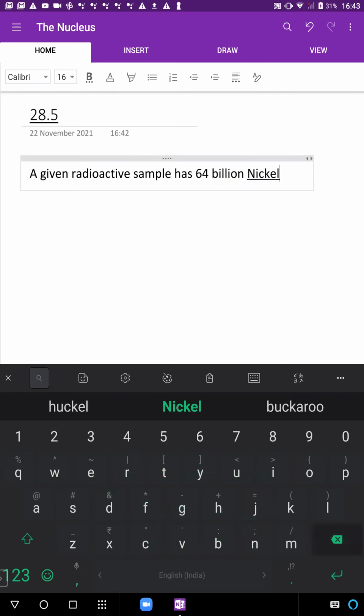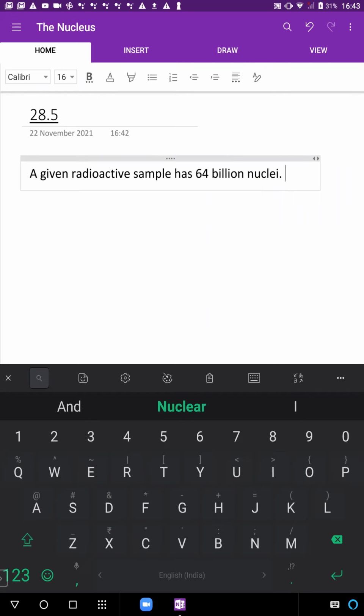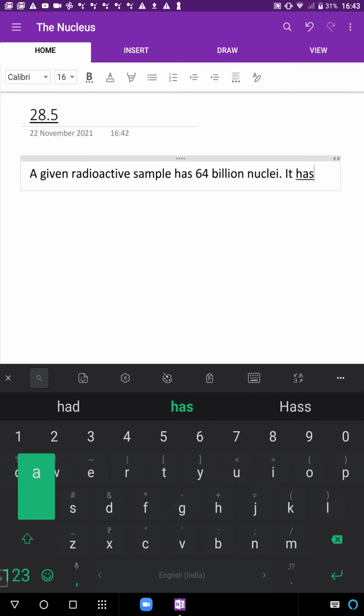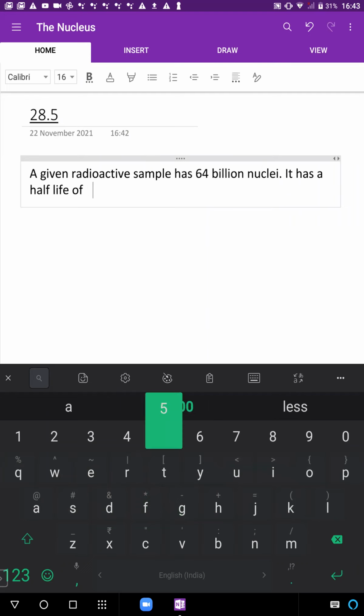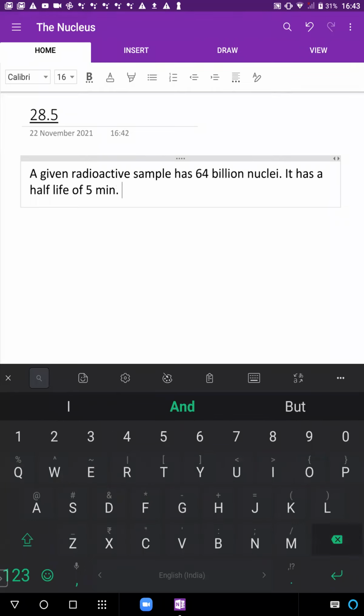Okay, a given radioactive sample has 64 billion nuclei. It has a half life of 5 minutes.